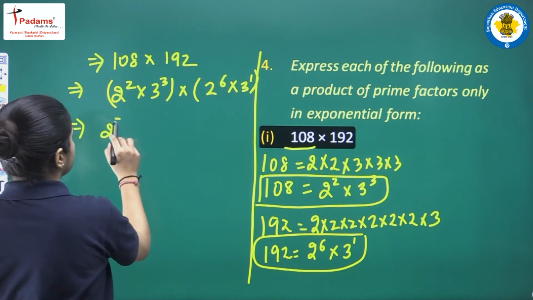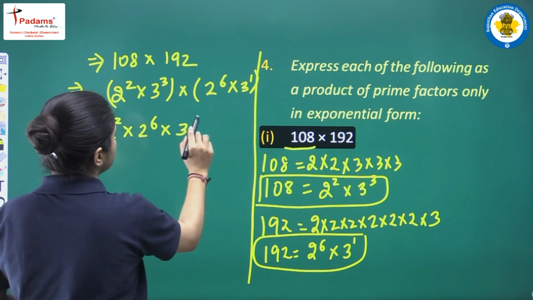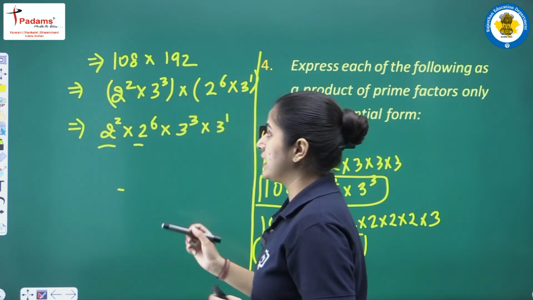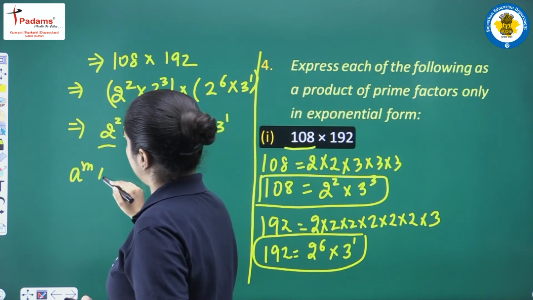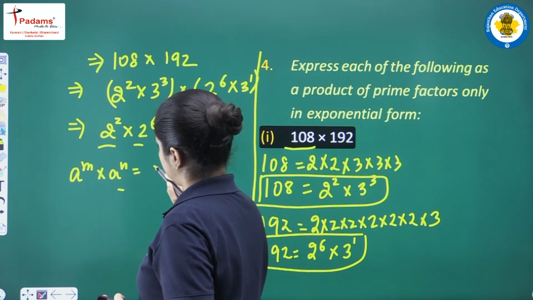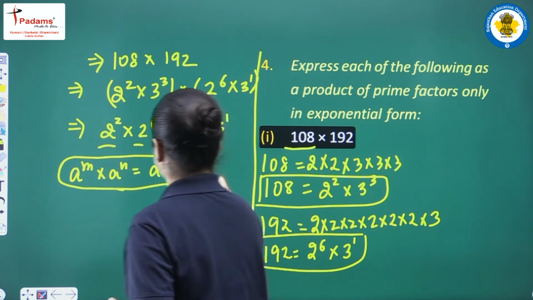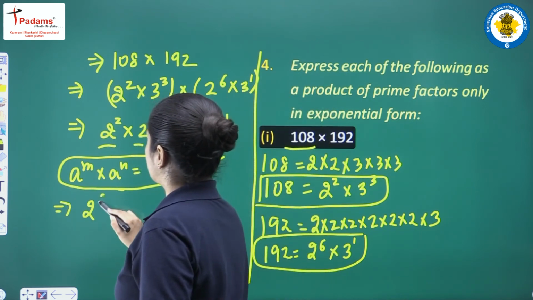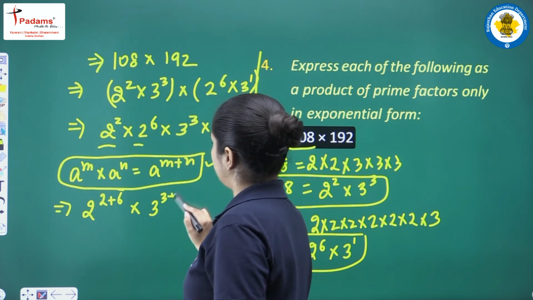I can write this thing up. अब मैं 2 को एक साथ में लिख सकती हूँ क्योंकि ये multiplication में तो commutative होंगे ना। Now students, when the base is same, then the powers are added when multiplication is there. So with the formula m plus n, अब हम इसको solve करेंगे इस formula की help से। So 2 raised to power 2 plus 6 into 3 raised to power 3 plus 1.